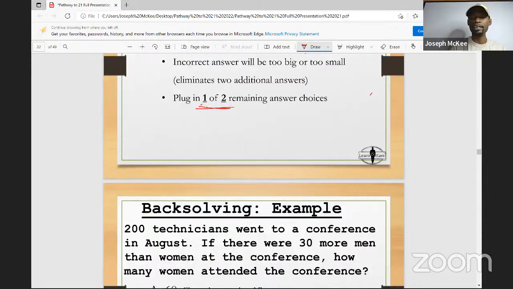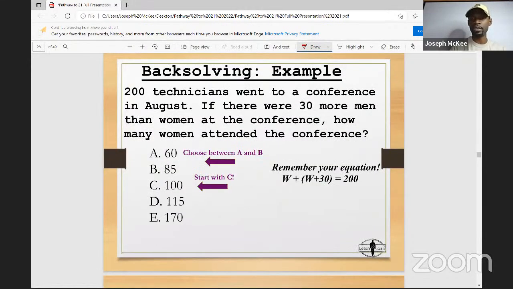So what does that look like when we do this on an ACT practice question or test? We go back to our previous equation about the 200 technicians, and we've already got it set up. Women plus men equal 200, and we're trying to find out how many women attended the conference.